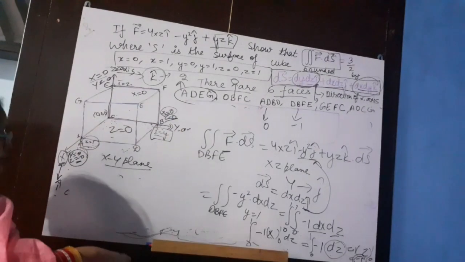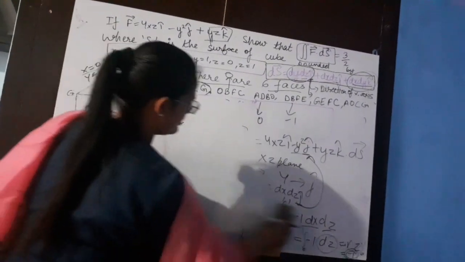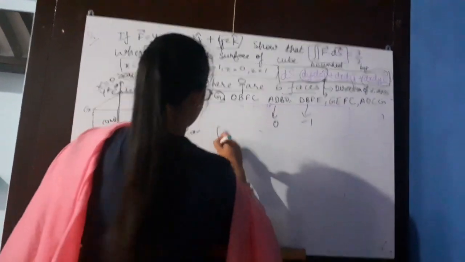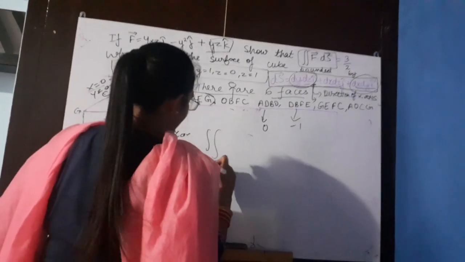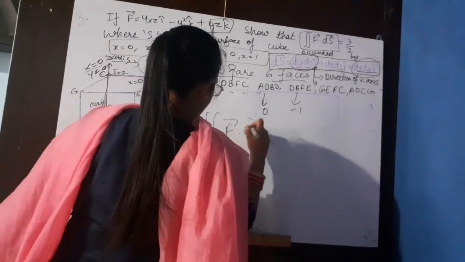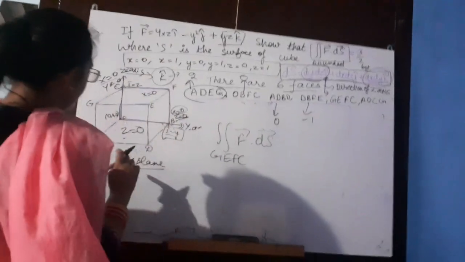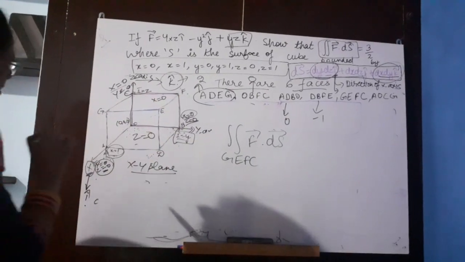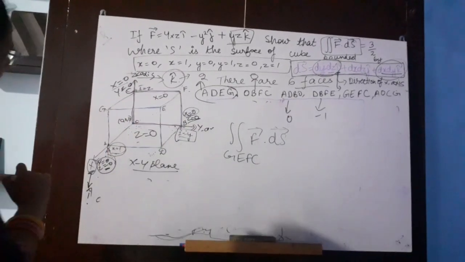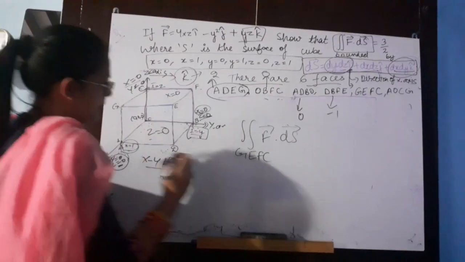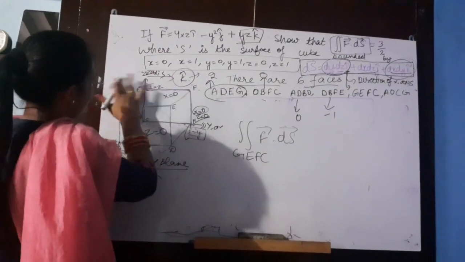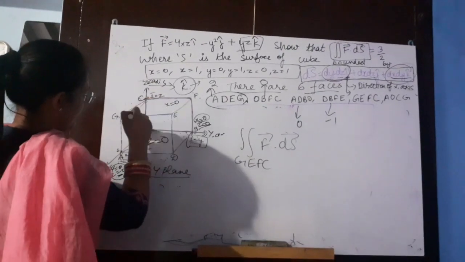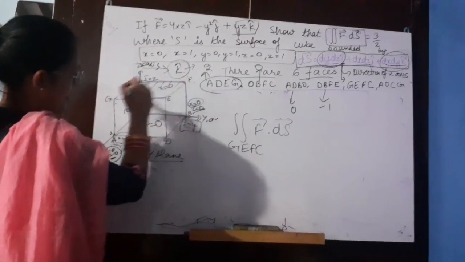Now the next face is GEFC. This is our xy plane and z is perpendicular. This is the z axis, and z is perpendicular to this face GEFC.